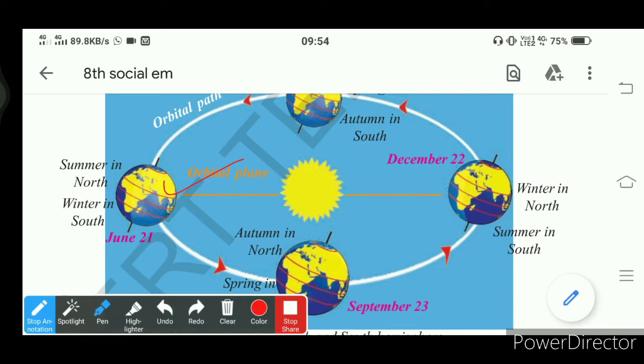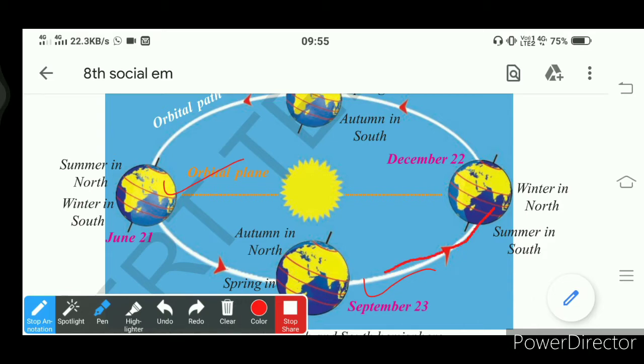Then in September, as the Earth travels further around the sun, we see the sun shines directly over the equator. That is September 23rd. On September 23rd, sun rays fall directly on the equator.